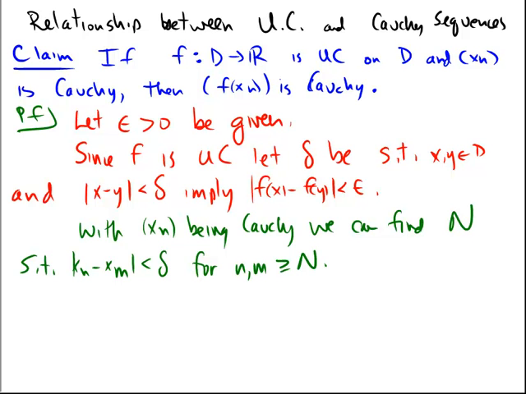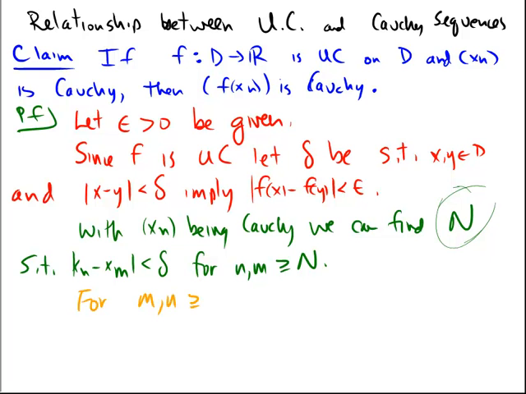The Cauchy sequence definition says there exists an N such that we can make the distance between our terms as small as we want. So we're going to force them to be less than delta, because if they're less than delta, that's going to imply f of x minus f of y is less than epsilon.